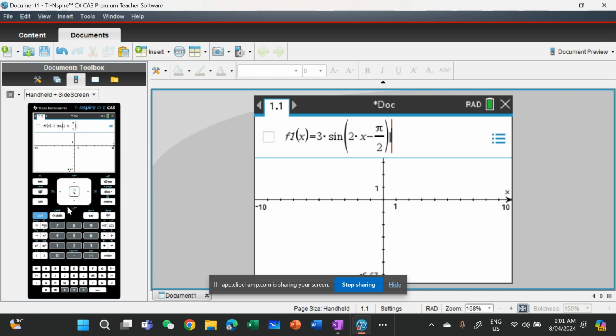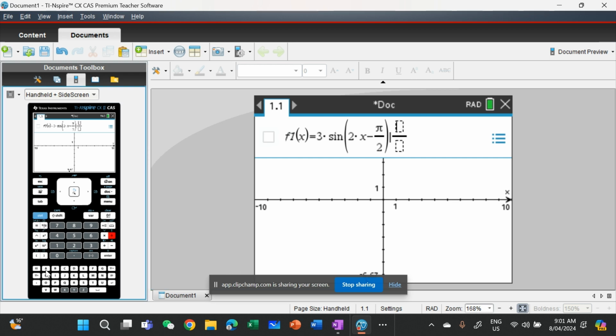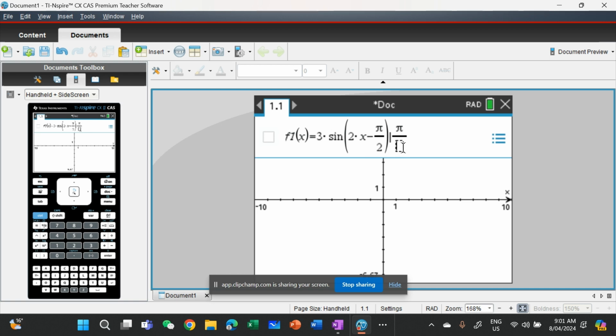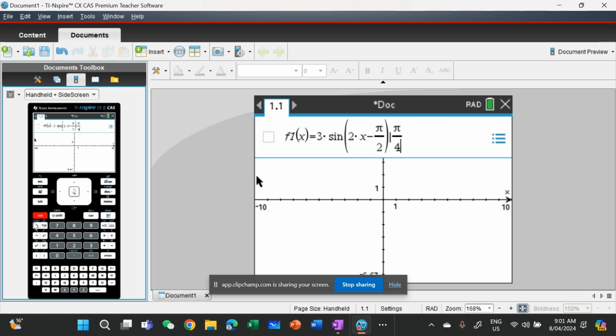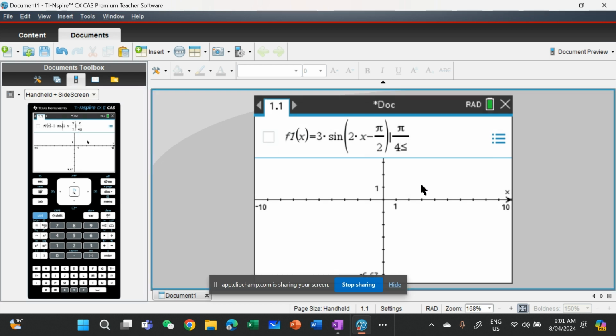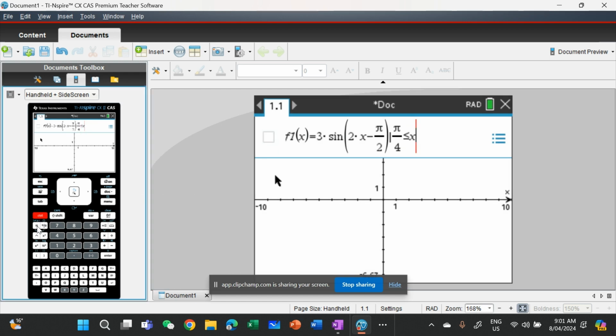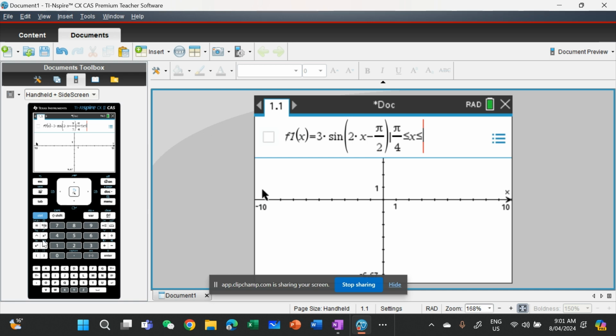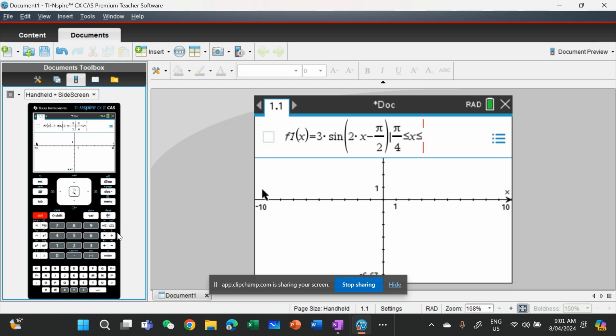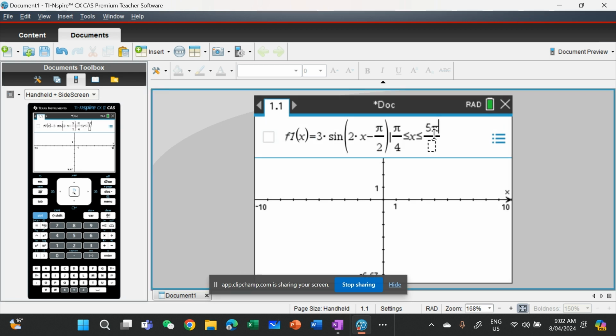So control divide, we say pi on 4 less than or equal to x, and x less than or equal to 5 pi on 4, and enter.